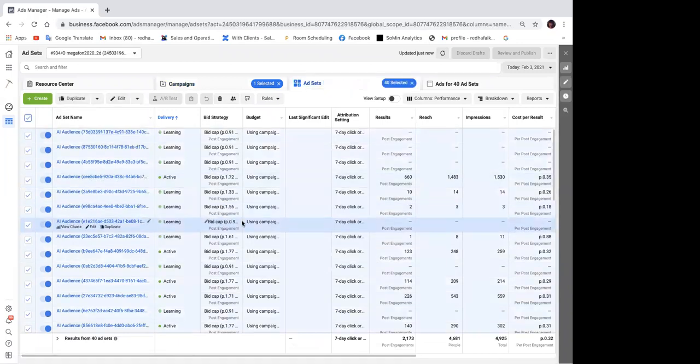Can you see the bids? Oh yeah, okay. So question: why are these bids not 0.5? Why are they different? Because we set up 0.5 yesterday, right? Yeah, 0.5 was the minimum, right? So it has to spend at least 0.5.